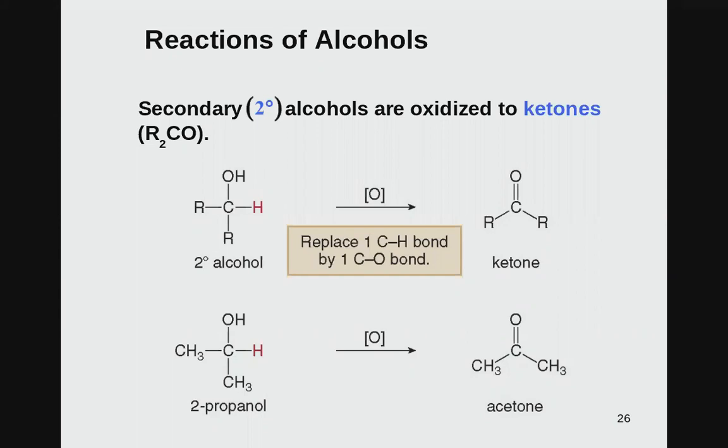Now, what we're doing is replacing one carbon-hydrogen bond here with a C-O bond. What we end up getting is RCRO, which is the standard formula for a ketone. R2, meaning these two bonded to a C, which is then bonded to an O.